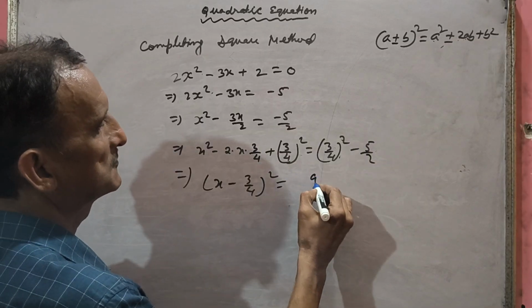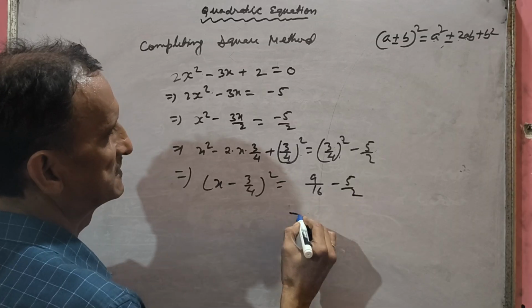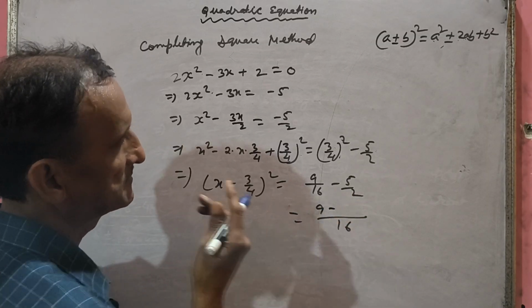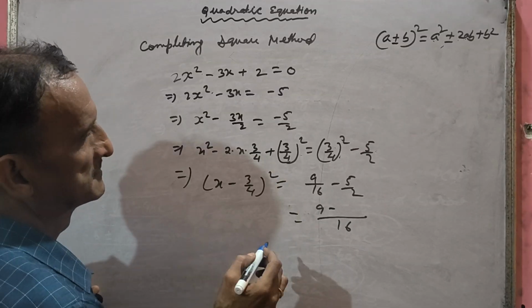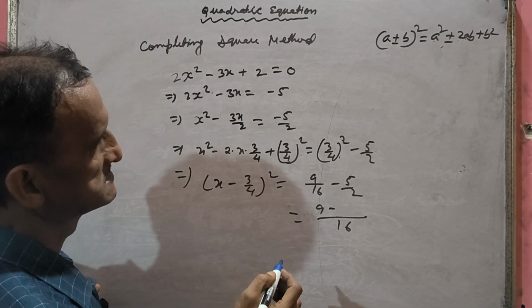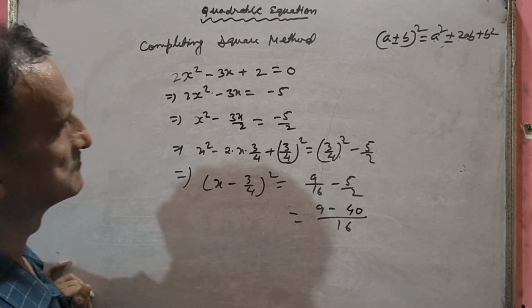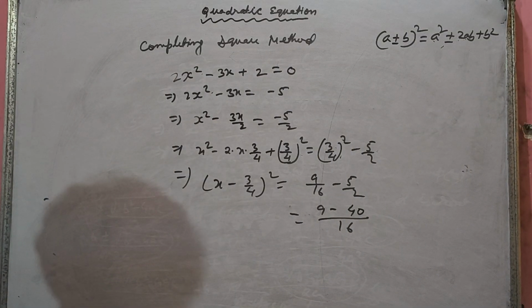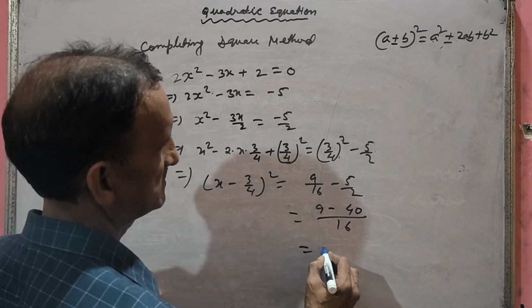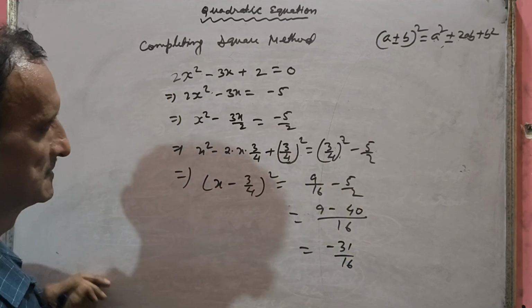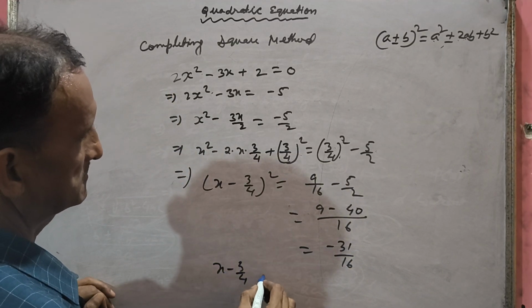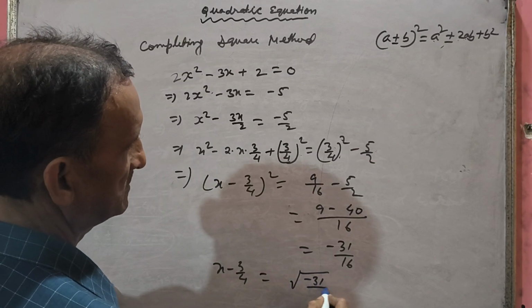Now simplify here. How much will be 9 by 16 minus 5 by 2? Then simplify here, 16 LCM, 9 minus 40, and this is minus 31 by 16. So this is x minus 3 by 4 whole square equal to minus 31 by 16.